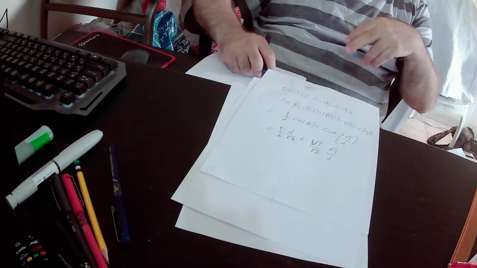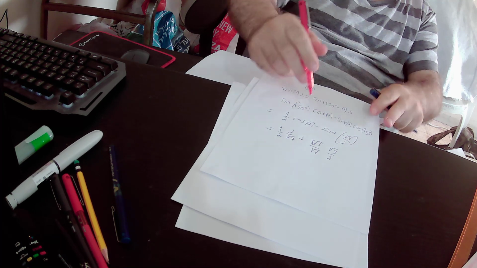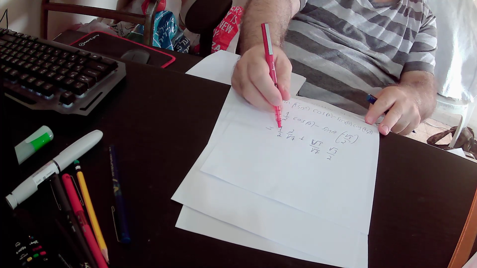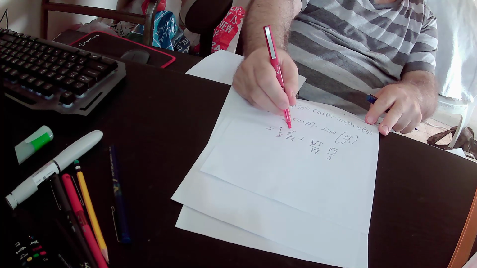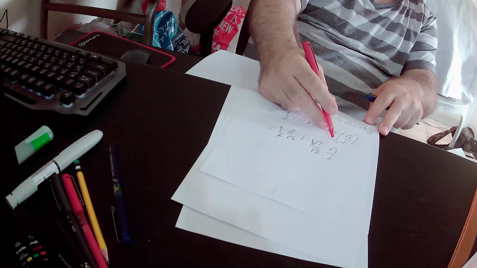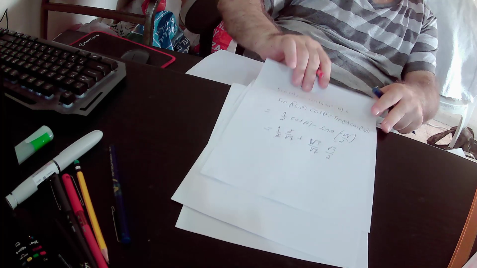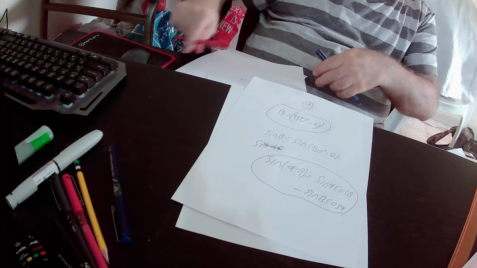So we have 2 in the numerator of this expression and 2 in the denominator, so 2 is cancelled, and root of 3 times root of 3 is 3, so we can write down the new expression.